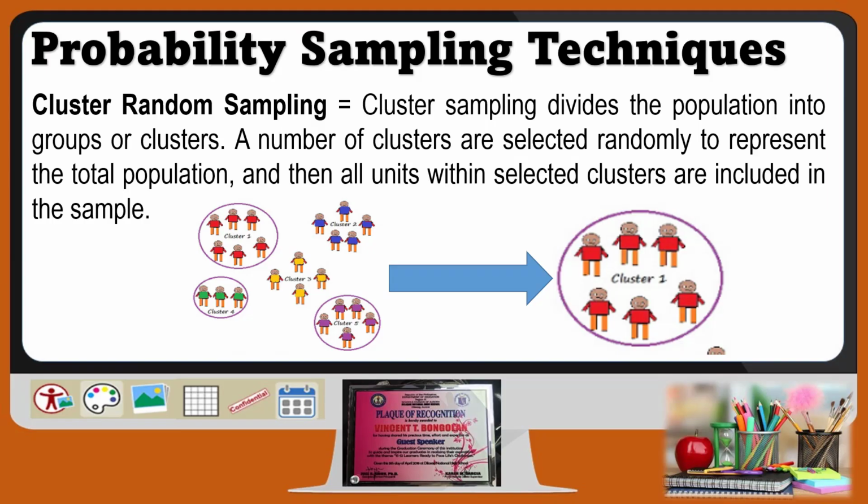So instead of getting a representative from each university, we select only one university out of the number of universities, and we get all their population from the chosen university. That is how cluster random sampling works.